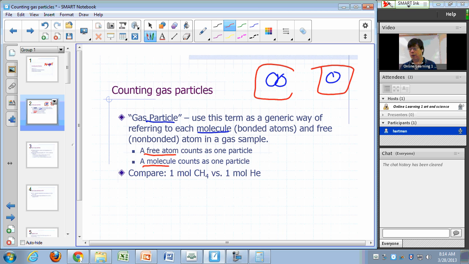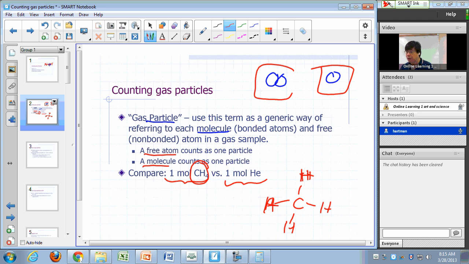So for example, if I were to tell you which one has more gas particles, a mole of methane or a mole of He, then the answer is the same. The 1 mole is 1 mole, right? Although there are more atoms in CH4, each set of 5 atoms, 1 carbon and 4 hydrogen, will just be counted as 1 particle.